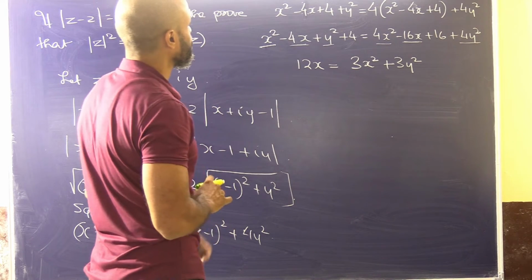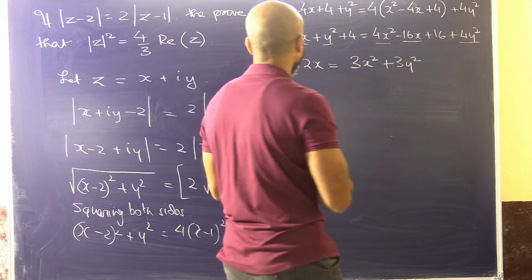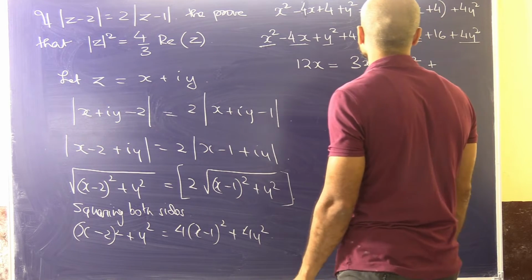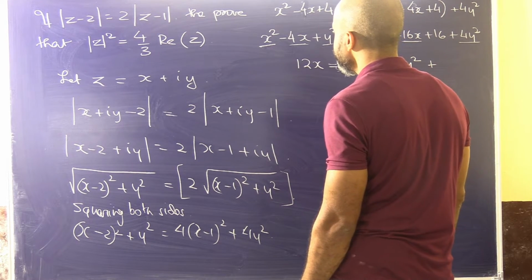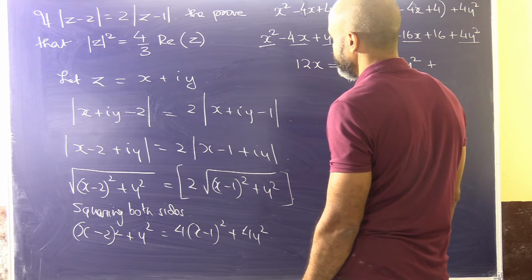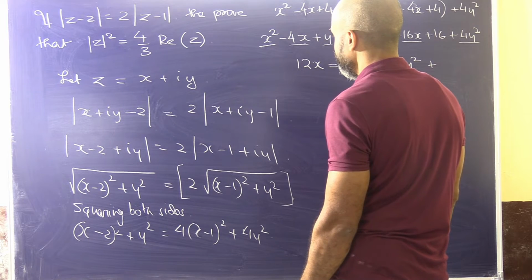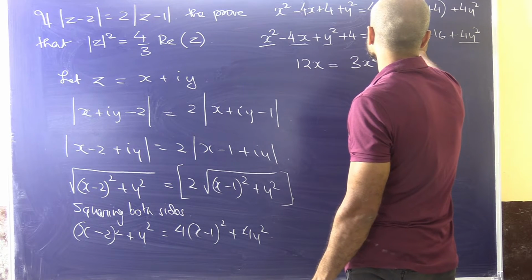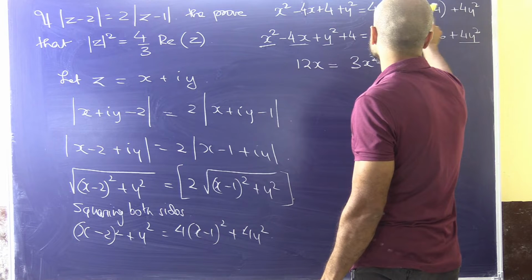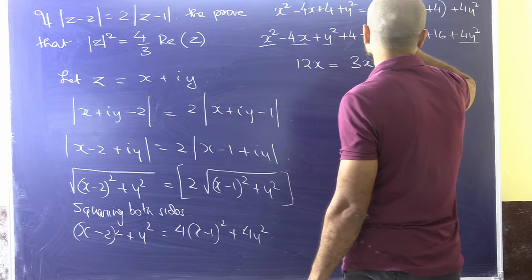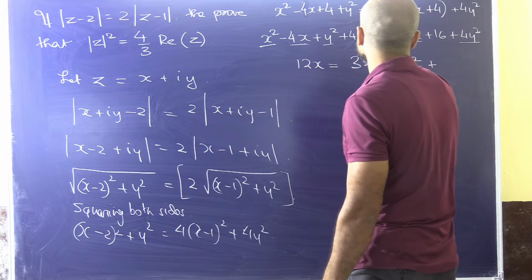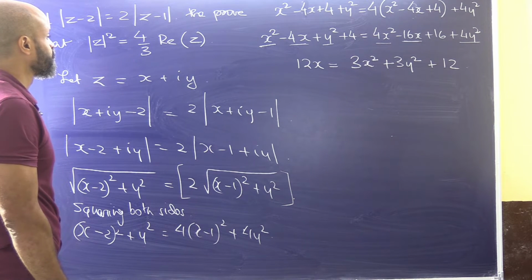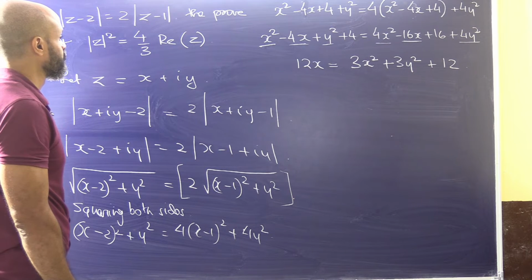And what else do we have? 16 and 4, that gives us basically 12. (x - 2)^2 + y^2 is x^2 - 4x + 4 + y^2, and 4(x^2 - 16x) plus 16 plus 4y^2. 16 minus 4, that will be 12. What do we have here?